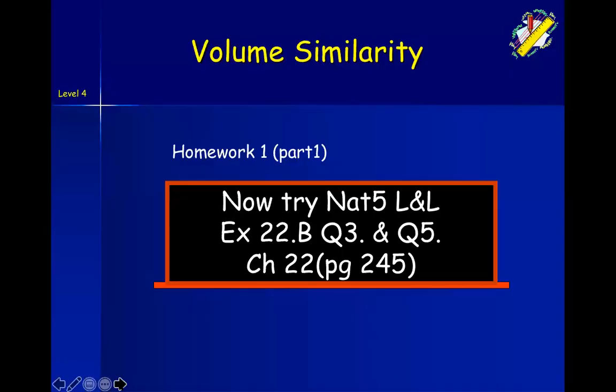Okay, and for your homework part 1, when it comes to volume in terms of similarity, you would need to try exercise 22B, question 3 and question 5. So a couple of questions, page 245.